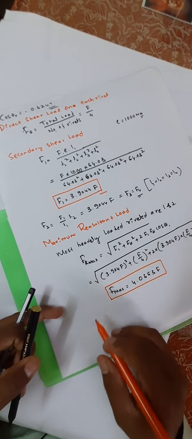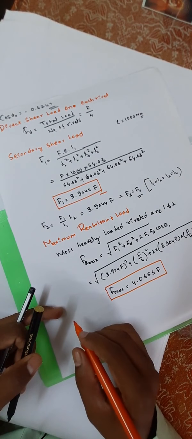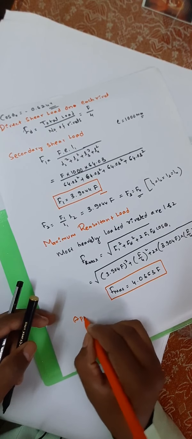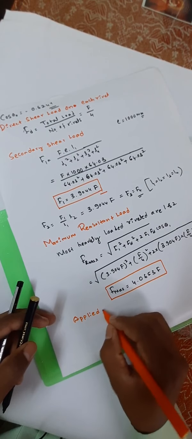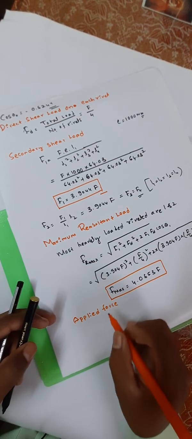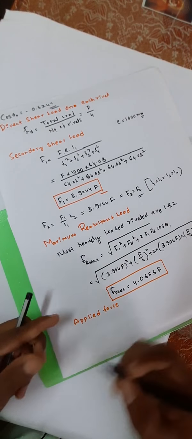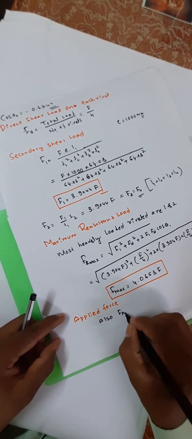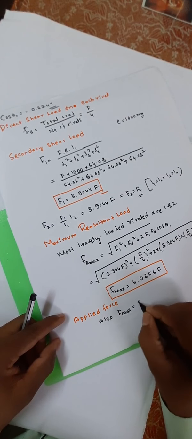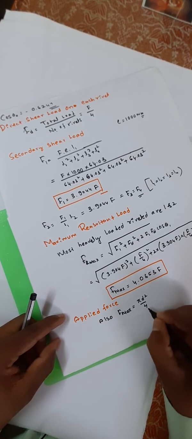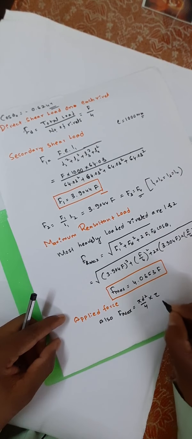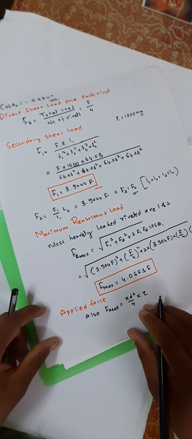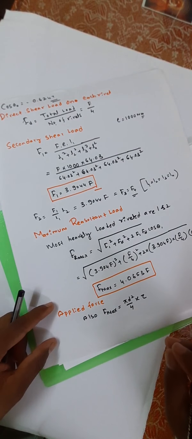What we need to find out is the applied force, the aim of the problem. Also, Fr max is equal to pi d square divided by 4 into tau. Here we have the allowable shear stress given in the problem, that is 100 Newton per mm square.